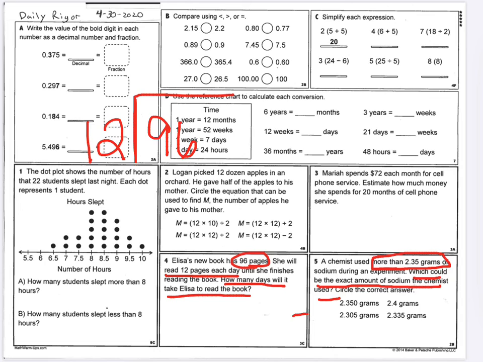So which one of these is more than 2.3500 grams? Okay, a chemist used more than 2.3500 grams of sodium during an experiment. Which could be the exact amount of sodium the chemist used? All right.